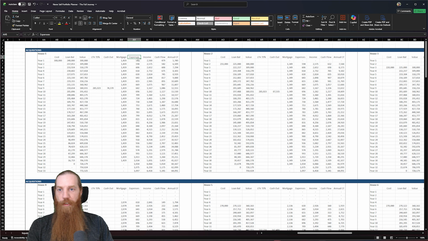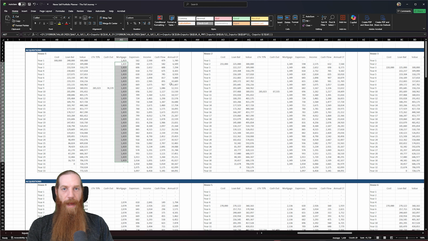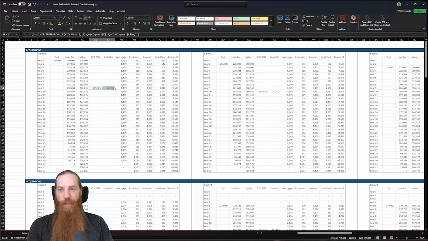Then we have our mortgage, expenses, income. This is your rent, right? So mortgage, obviously, that's your monthly mortgage payment based on, in this case, the acquisition loan. You can see it keeps the acquisition loan all the way through. That's because these are just the acquisition tables. These are not the tables used for the refi information. So it does show you when the refi is, but it doesn't actually change these numbers based on the refi.